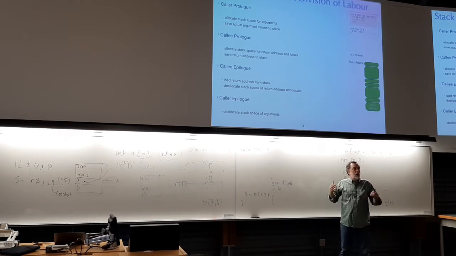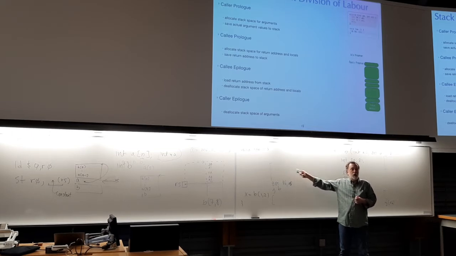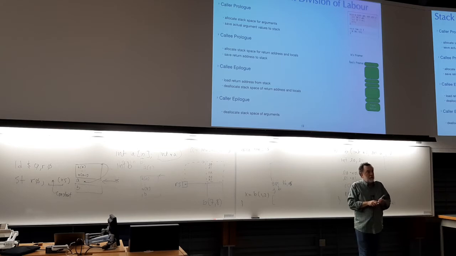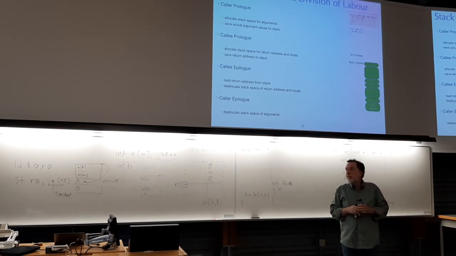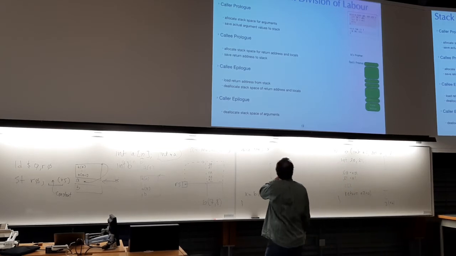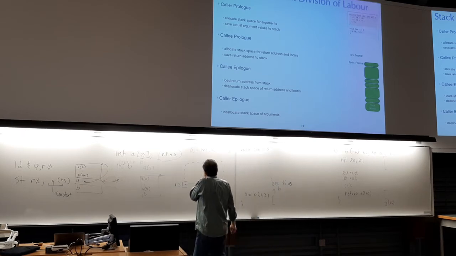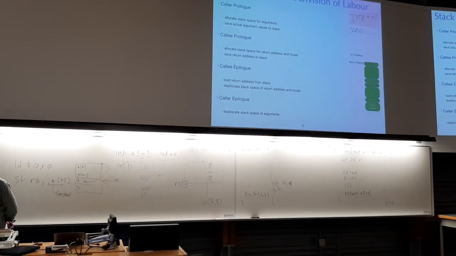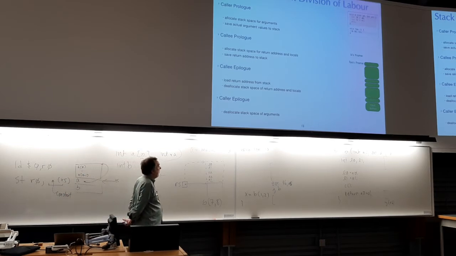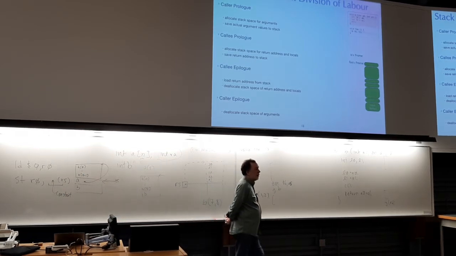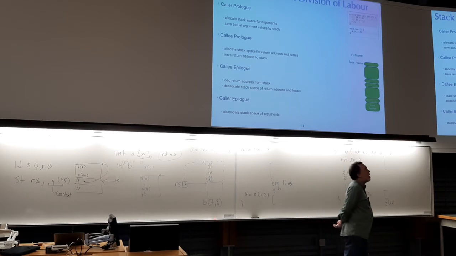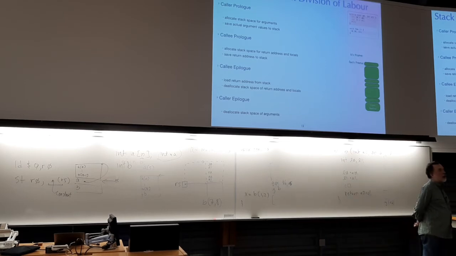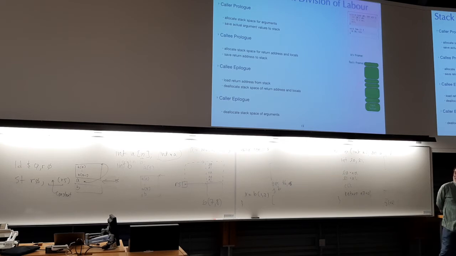What is the code the compiler generates for the caller prologue? Just talk to each other for a minute.